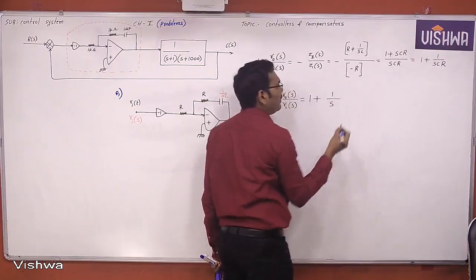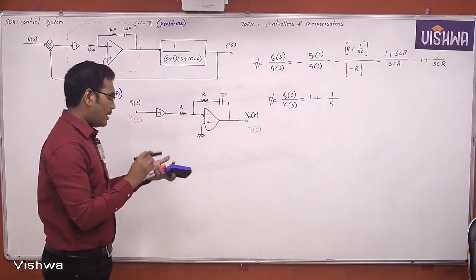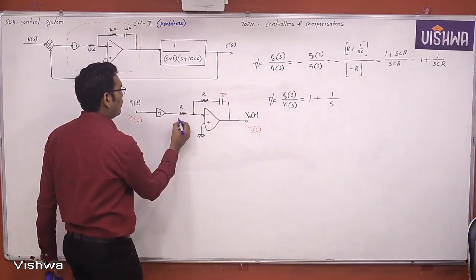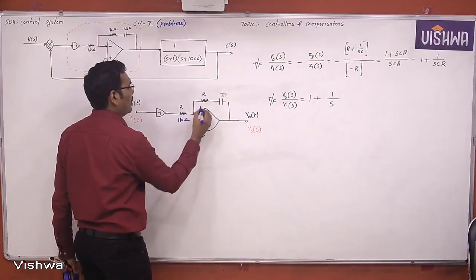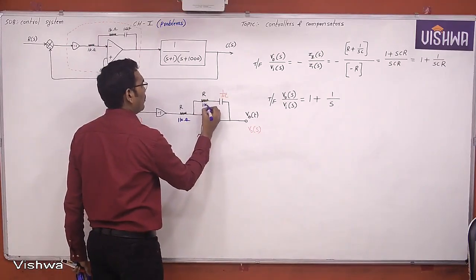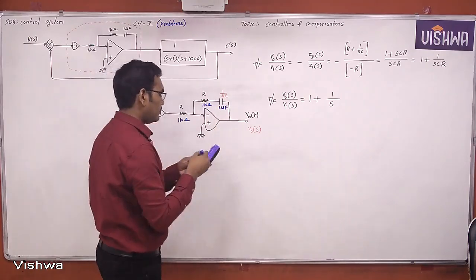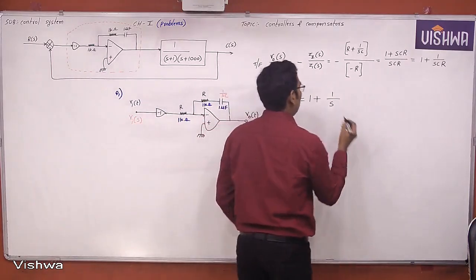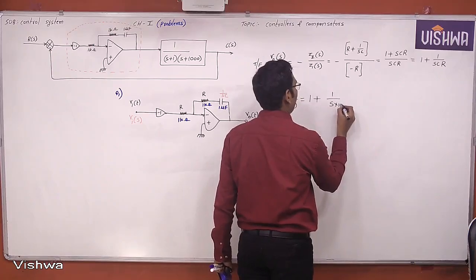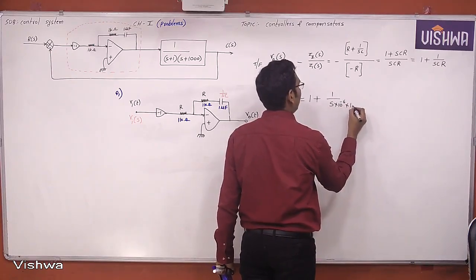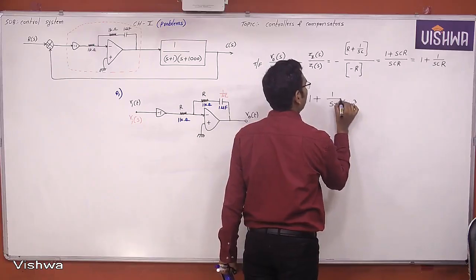Which is nothing but 1 plus 1 by SCR. Now we replace the values. R and C values are given: R equal to 1 kilo ohm, C equal to 1 microfarad. So C is 1 microfarad, 10 power minus 6, R is 1 kilo ohm, 10 power 3.